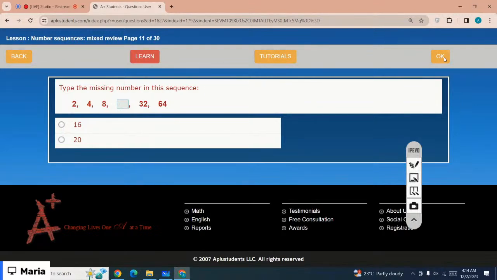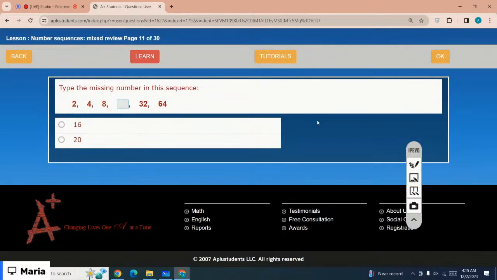Type the missing number in the sequence. Yes, very good.